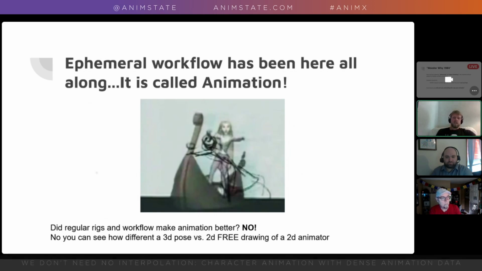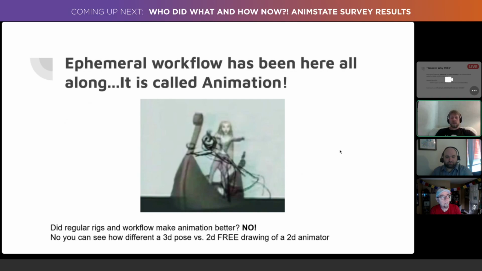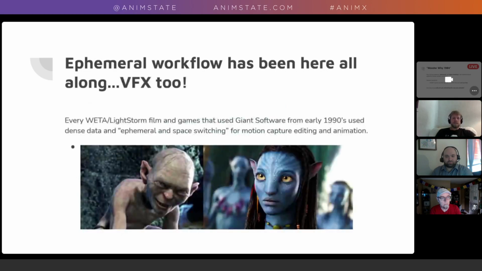When you look at Rapunzel, when he's drawing over the frames of this, you can see the 2D drawing of him, what he expects this pose to look like, and what the 3D software was encouraging the animator to do, right? You're not free if the rig is dictating the end performance because you are limited by the way the rig wants to interpolate.